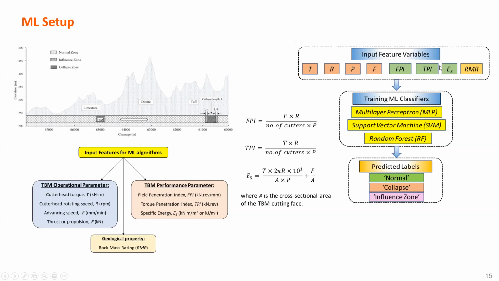So using these 8 TBM parameters, we developed 3 classifiers: MLP, SVM, and random forest. And out of the thousands of data that we collected, we would like to predict whether the zone that is being evaluated is normal, collapse, or influenced.